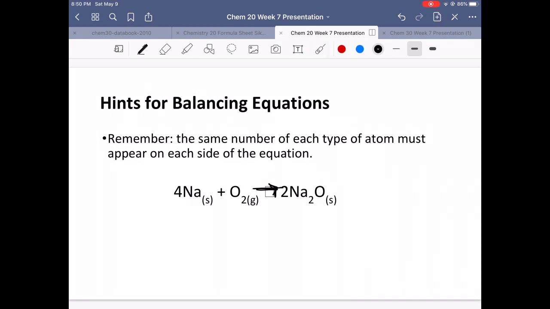So for instance, if you have 4 sodiums going in, you'd better have 4 sodiums going out. Remember what I said about multiplying, guys? This is actually 2 times 2, which is 4 sodiums, right? So that coefficient multiplies the little subscript. Similarly, if we have 2 oxygens going in, we have to have 2 coming out.